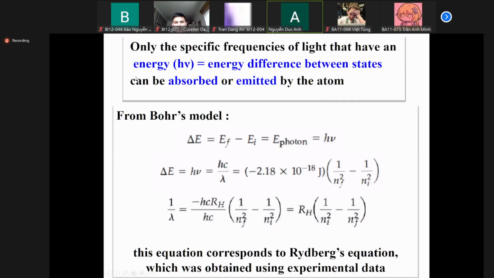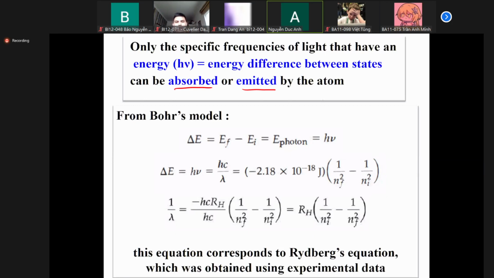So coming from that, the Bohr model tells you about emitting and absorbing energy. As you see, because of the energy levels, the electron can only move from one allowed state to another. It means that it can move from allowed state number 1 to allowed state number 2, or from number 1 to number 3.